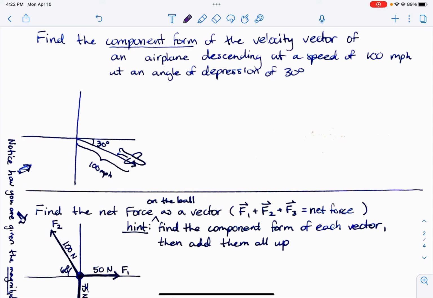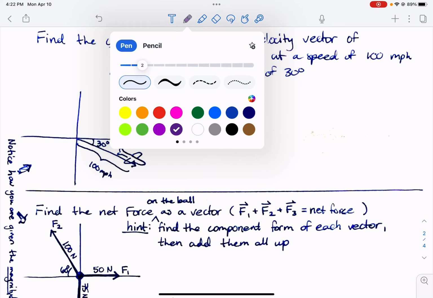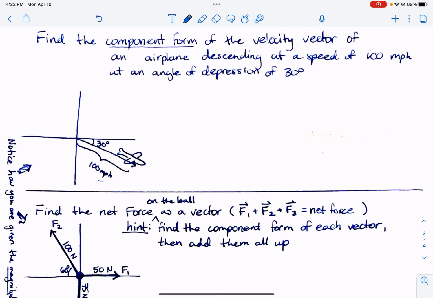So the first type of word problem you could have is you have some sort of velocity vector, and they give you the magnitude and the direction. Or they give you the direction in an implicit way, right? Like here, for this airplane, the magnitude is 100 miles per hour. That is essentially how long this arrow is.